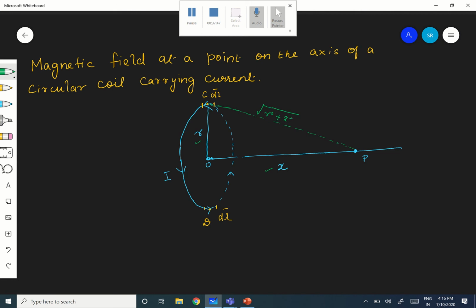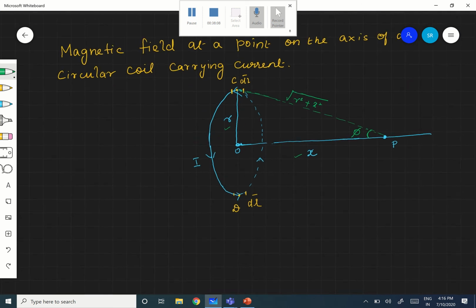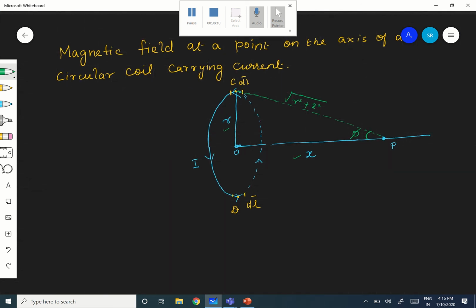Hope you are following. Let the angle that the position vector makes with the axis of the coil be phi. This is phi, not theta.